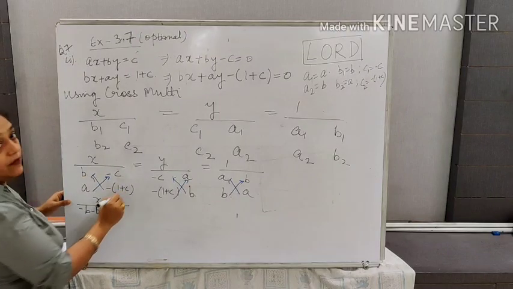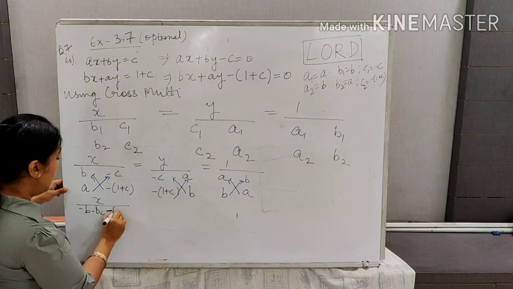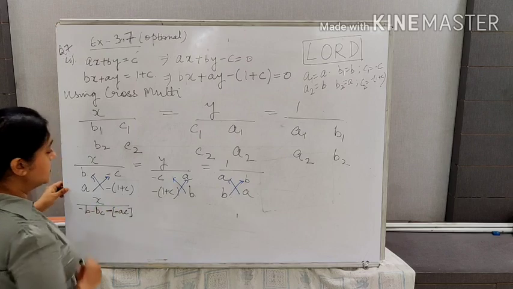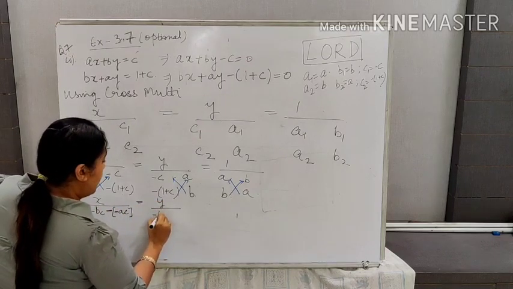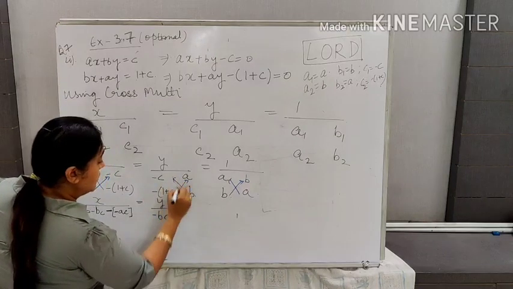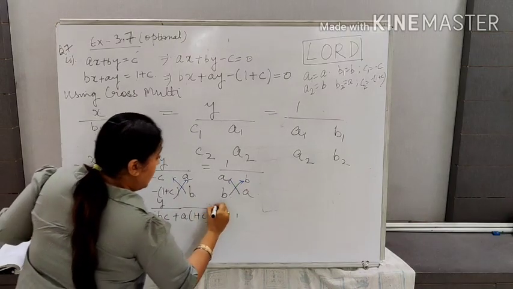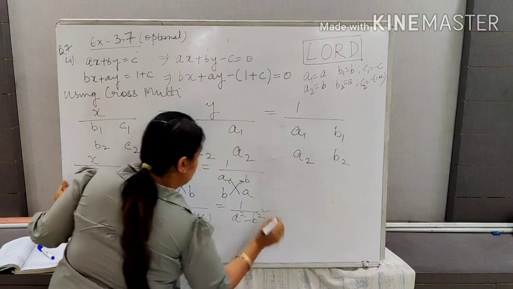You multiply B with (1 plus C), minus in the formula, and when you multiply A and minus C, you will get minus of AC. Right? Similarly, it is y upon minus BC, minus in the formula, so this minus and the formula's minus become plus, A into (1 plus C), is equal to 1 upon A square minus B square.